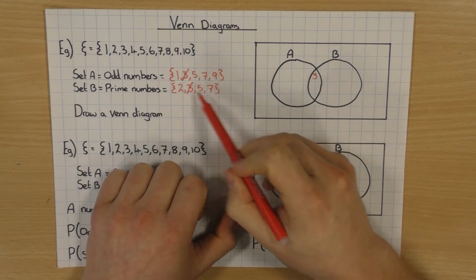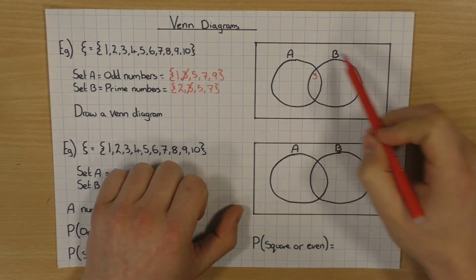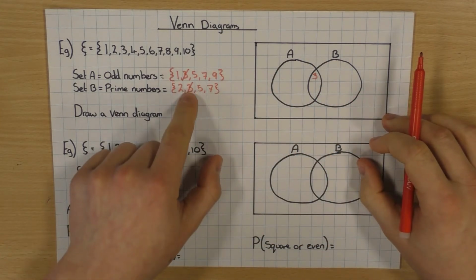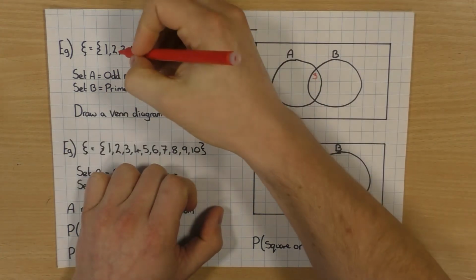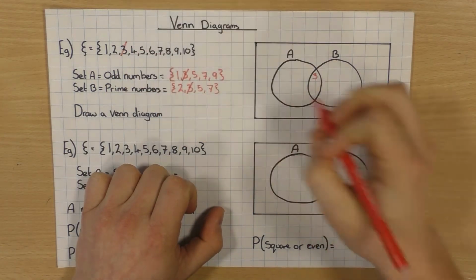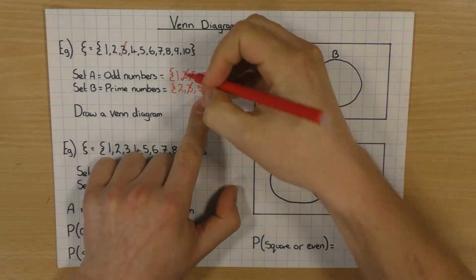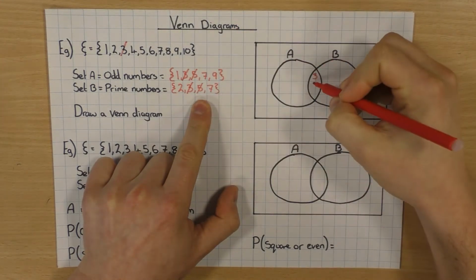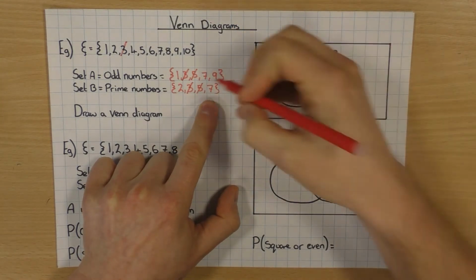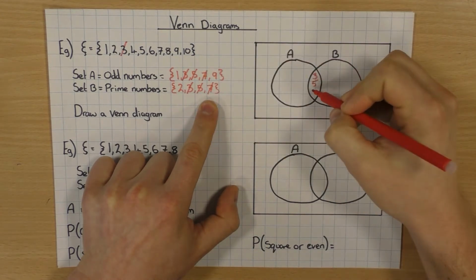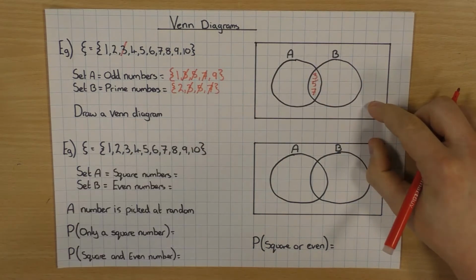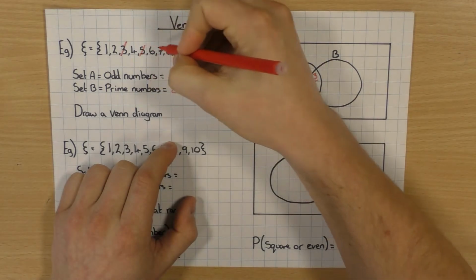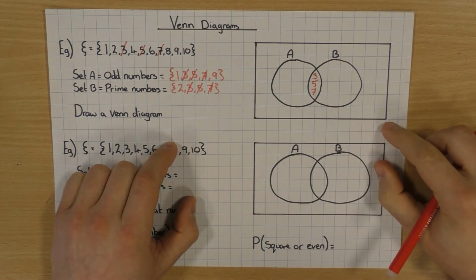When you populate the Venn diagram, not only do you cross the number off here, I would also cross it off from your list of numbers, and you'll see why in a minute. I also have 5 in both, and 7 in both, so I cross off the 5 and the 7 from my main numbers.